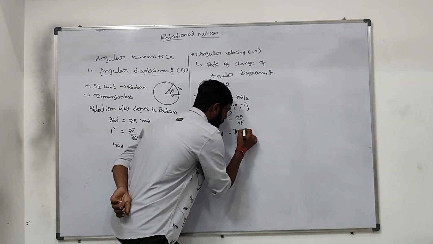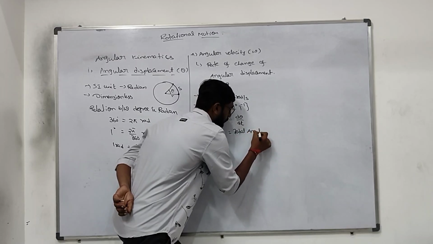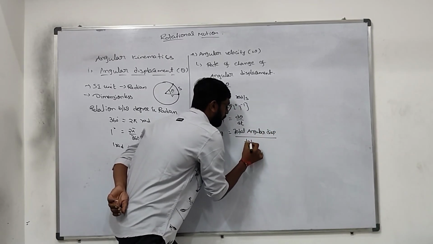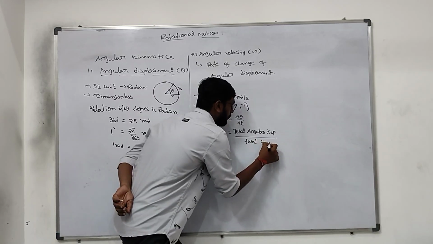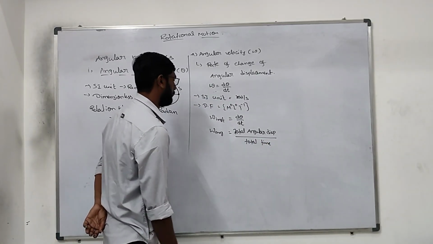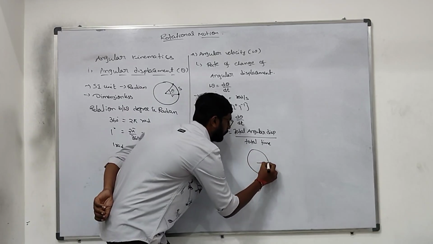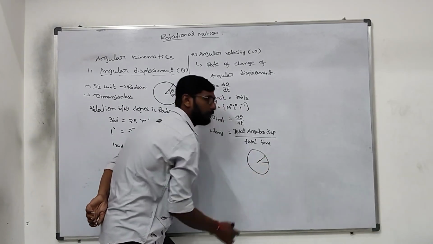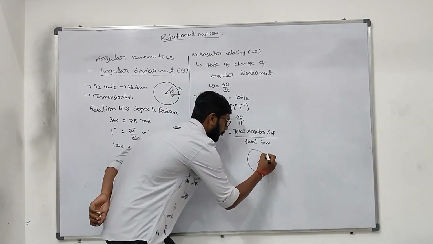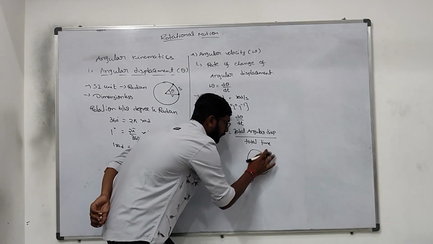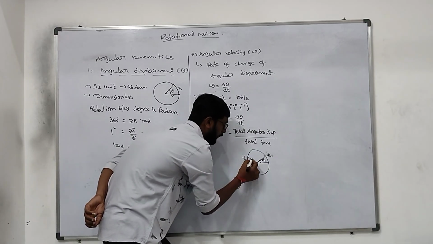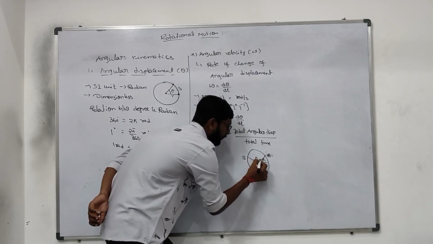Total angular displacement by total time. For example, we'll draw here. A body is initially here at theta 1 at A. After some time it reaches here, B. This angle is theta 2.